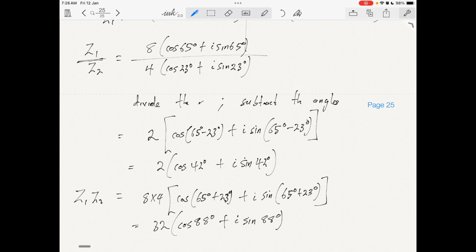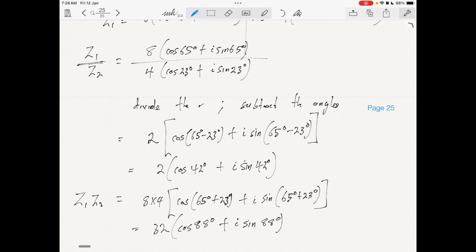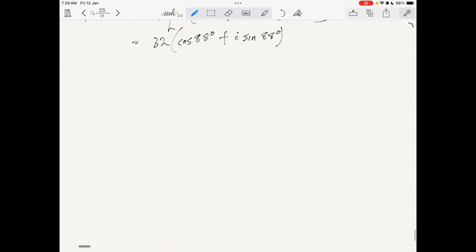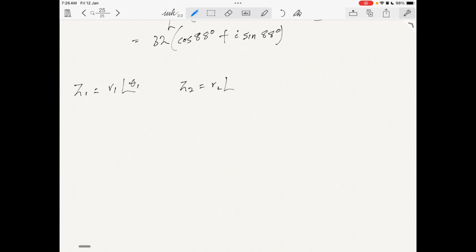Now, after we have been able to multiply and divide two complex numbers in polar form, how about when we have three or more complex numbers and we want to multiply or divide in that nature? Let's take for instance, z1 is r1 argument theta1, z2 is r2 argument theta2, z3 is r3 argument theta3.